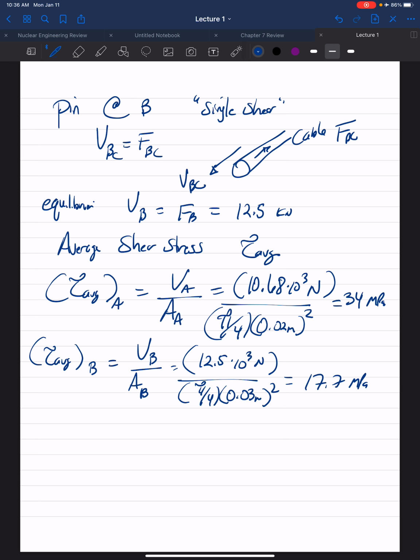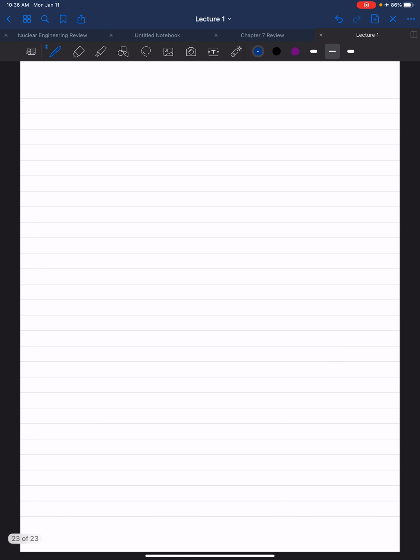So let's take a look at a problem. 7.26 in your text. This is page 342. So the supporting wheel on a scaffold is held in place using a 4 mm diameter pin.